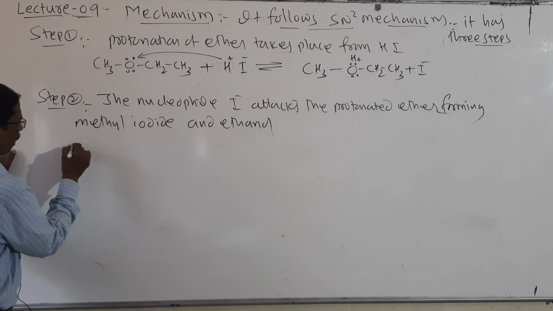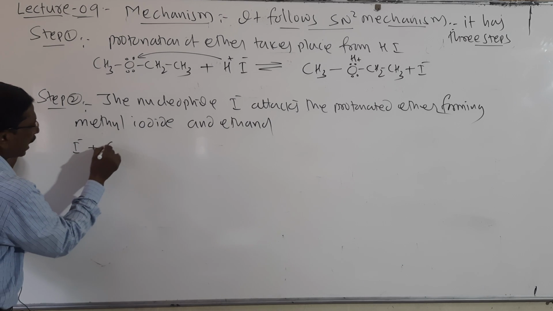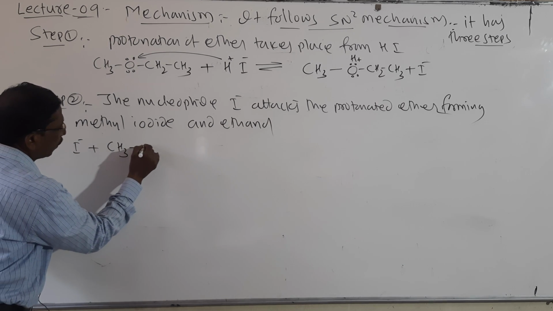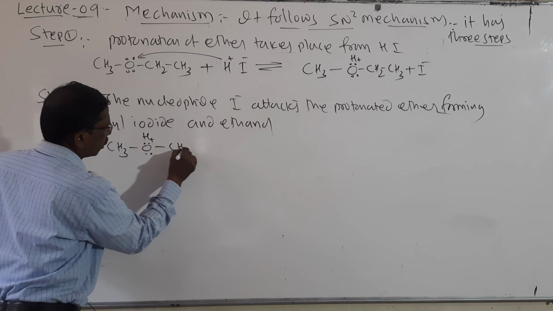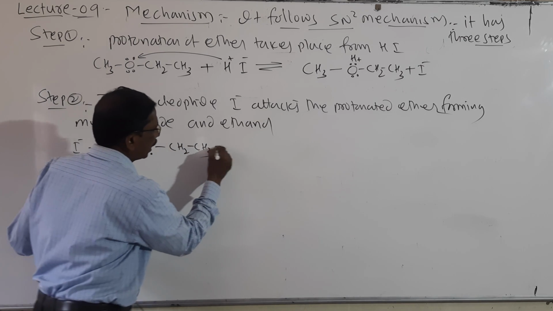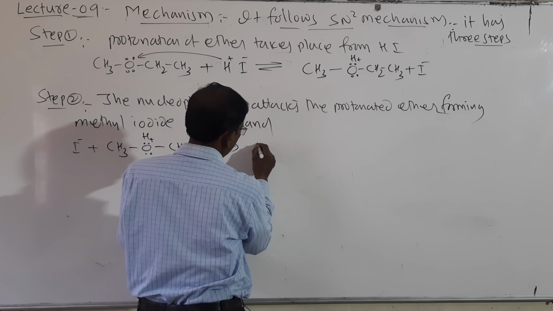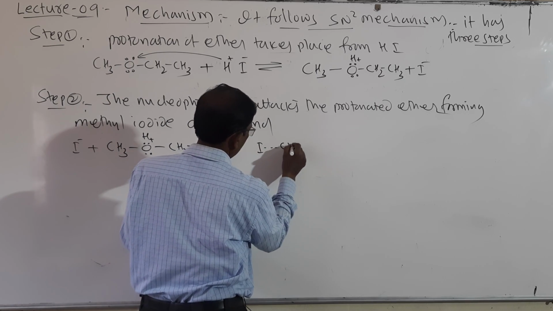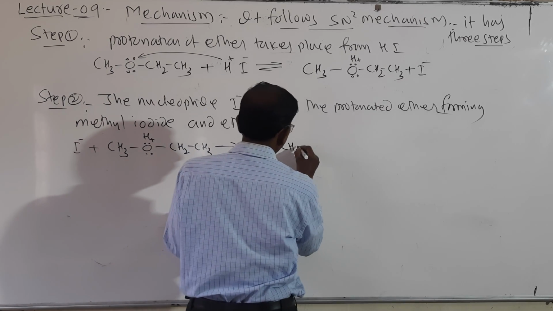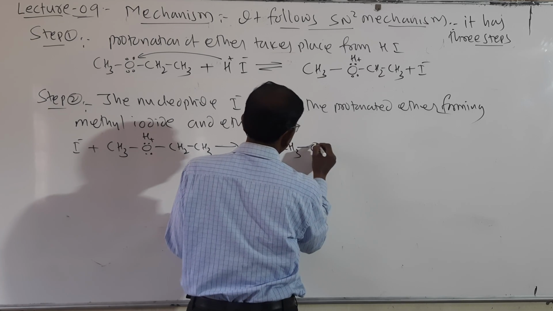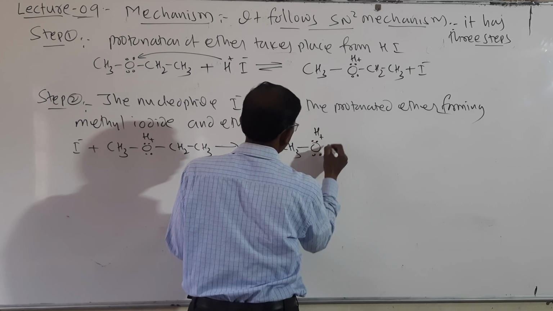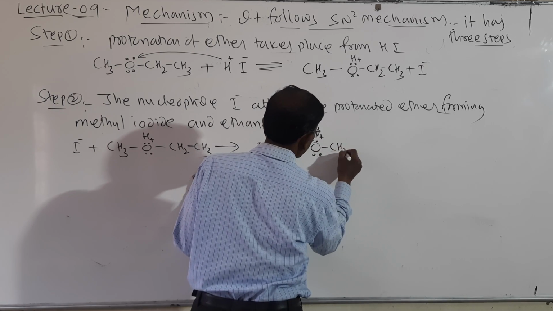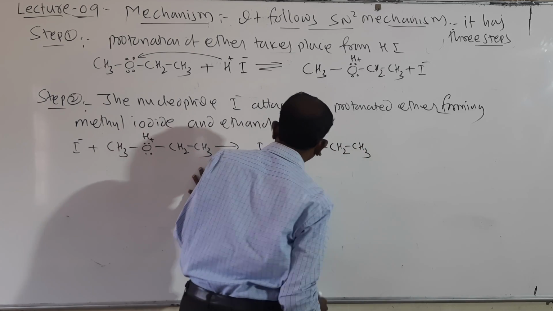Look here students, this I minus attacks this CH3O, CH2, CH3. It gives a transition state where this is CH3 and then it is O. Look here, it is CH2, CH3.